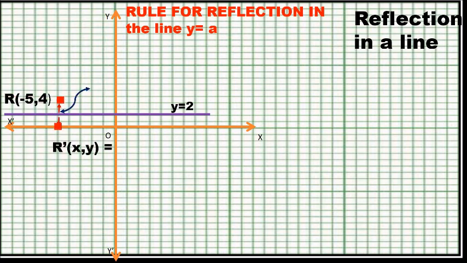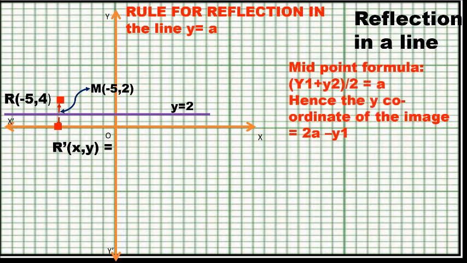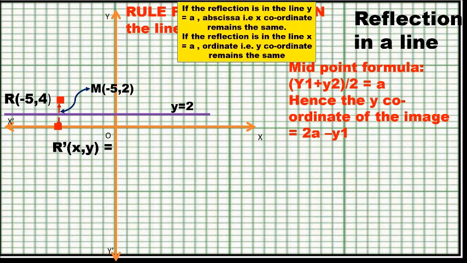If we take the point R(-5, 4), then a point M on the line is the midpoint of RR dash with the coordinates (-5, 2). Using the midpoint formula, we can find the y coordinate, which will be 2a minus y1, y1 being the y coordinate of the object. So we can use this as the general formula, 2a minus y1, as the abscissa remains the same.